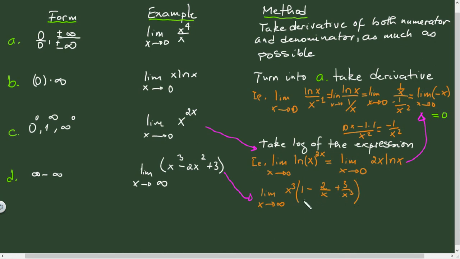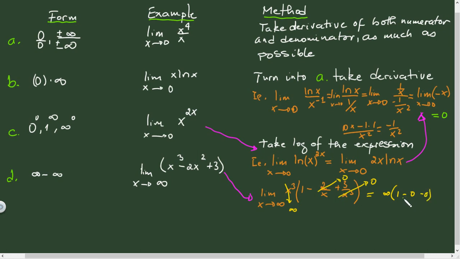So now we can apply the limits. As you can see, this limit here goes to 0. This one goes to 0. And of course, this one here goes to infinity. So we have infinity times 1 minus 0 and minus 0.